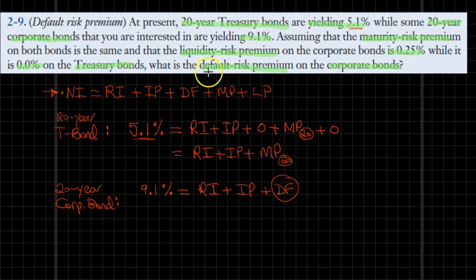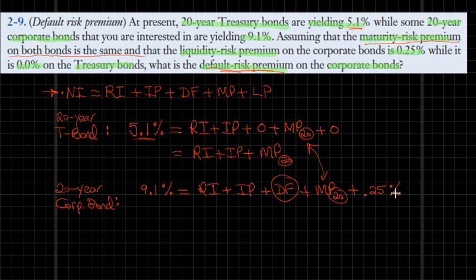The question is particularly asking for the default risk premium for our corporate bond, plus the maturity premium. But recall the maturity premium is the same for the corporate bond as it is for the treasury bond, since it's given in the problem that the maturity premiums on both securities are equal. And finally, the liquidity premium is given as 0.25% for the corporate bond.